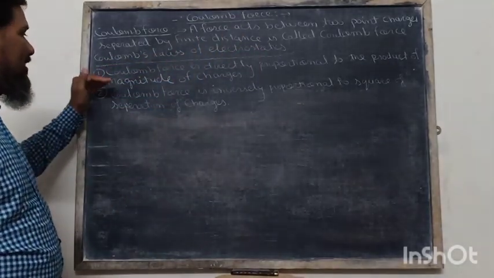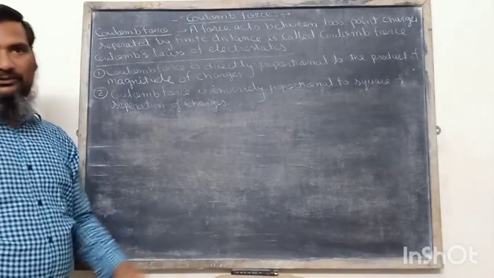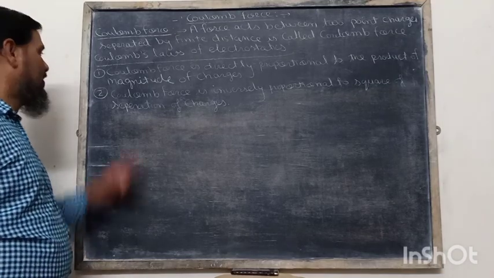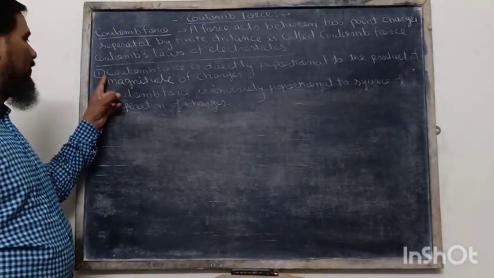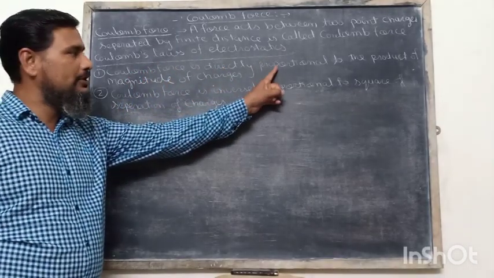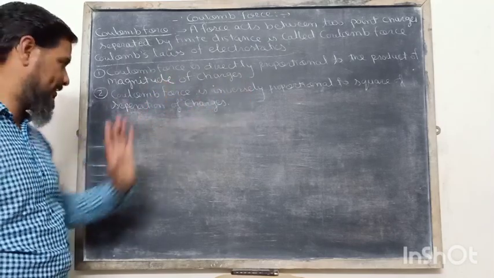What is Coulomb's law of electrostatics? In this, we study the dependence of Coulomb force on the magnitude of charges and the separation of charges. Coulomb force is directly proportional to the product of the magnitudes of charges.